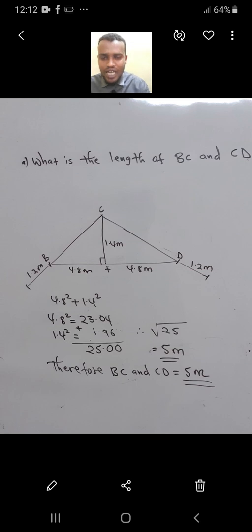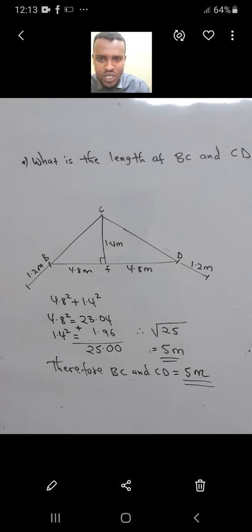Hypotenuse. So if you want to find the hypotenuse, remember you apply your Pythagoras theorem, that is C squared is equal to A squared plus B squared. So we are finding C, which is the hypotenuse.